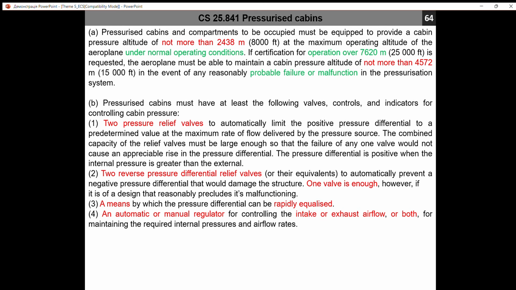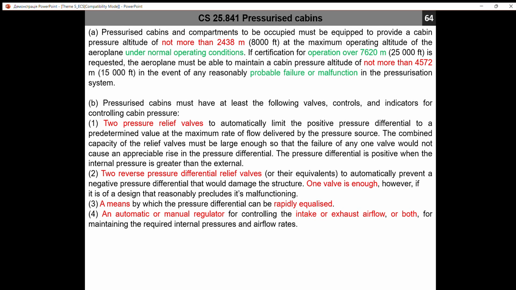Then there are 2 reverse pressure differential relief valves, and they are used to protect our cabin if the pressure inside will be less than outside, because the pressure relief valve protects our cabin when it is overpressurized, when the pressure inside is greater than the value for which the structure was designed.